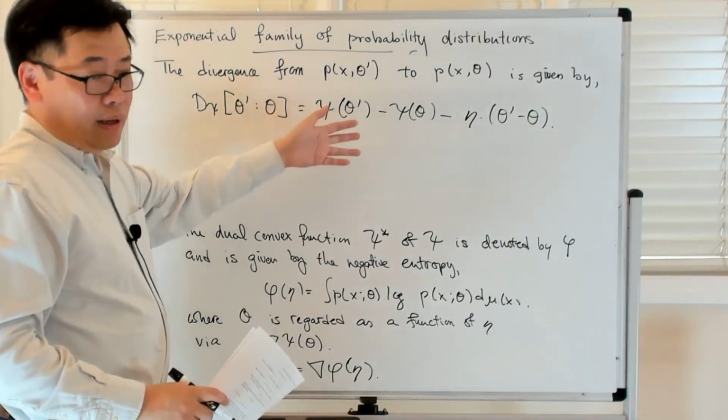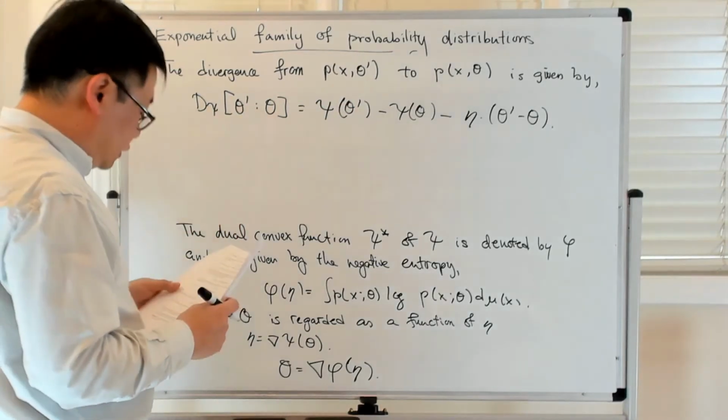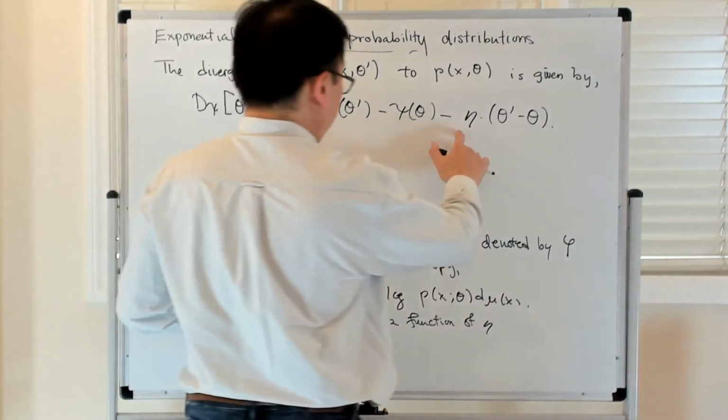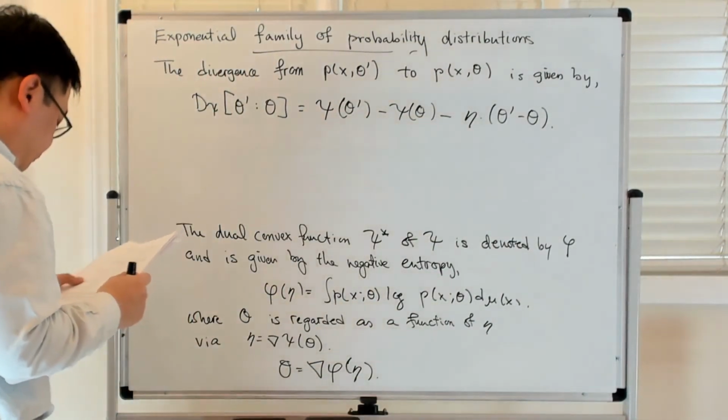This is one of the many ways you can write the Bregman divergence, here written in terms of this dual variable.